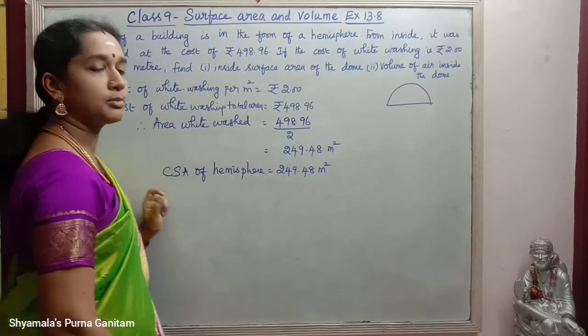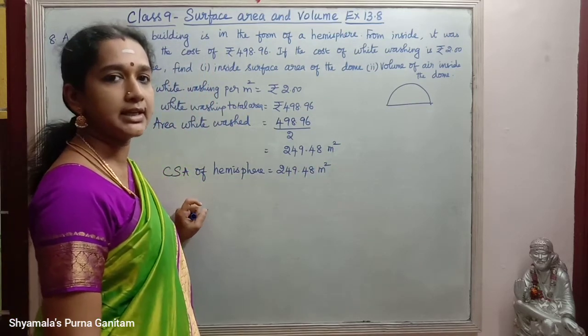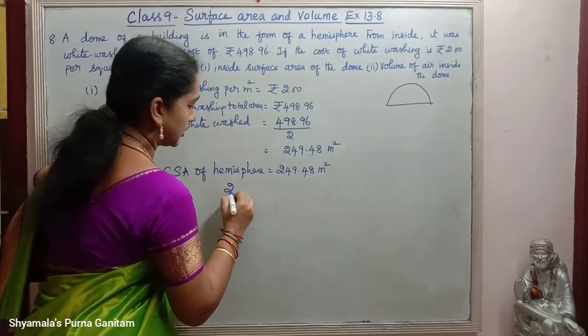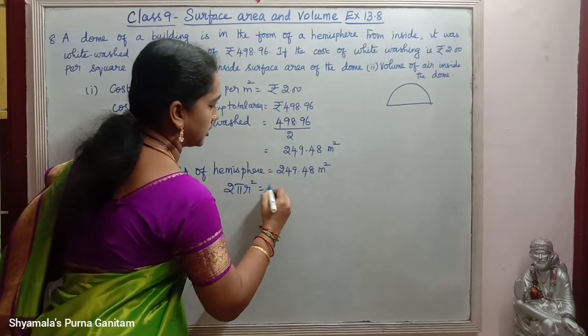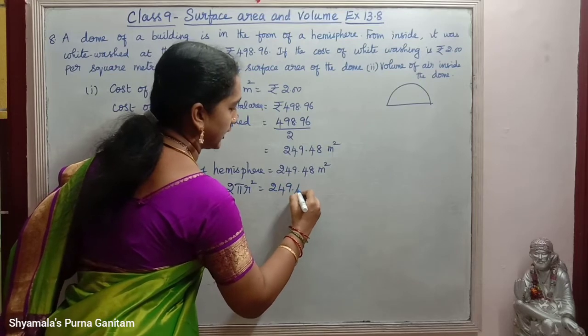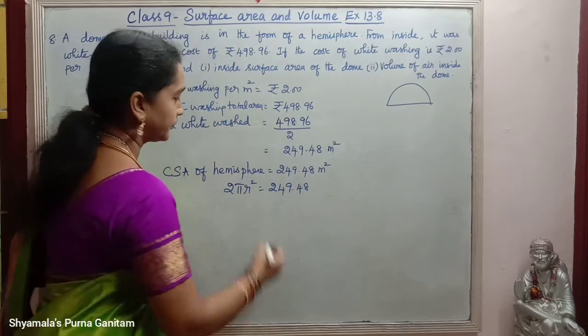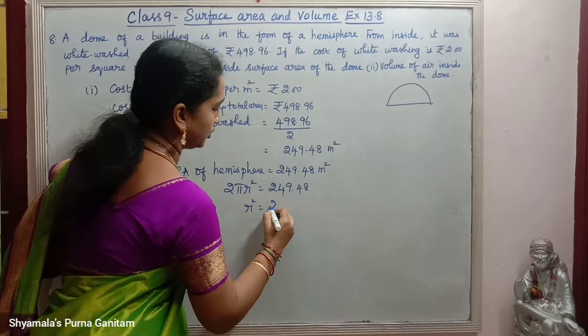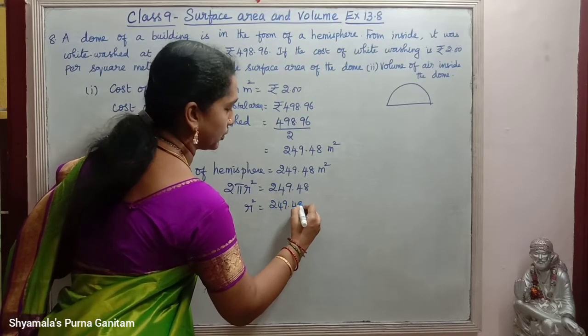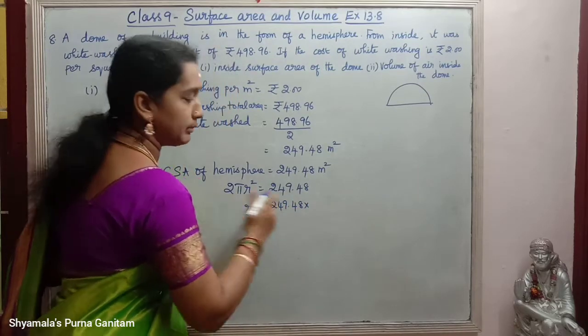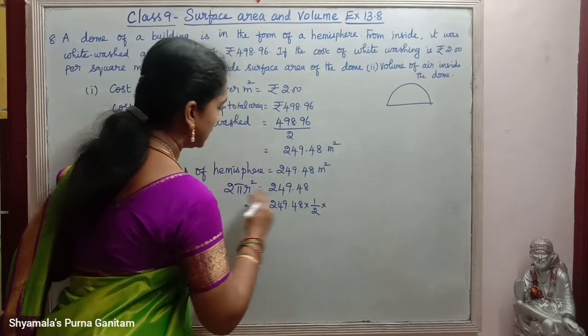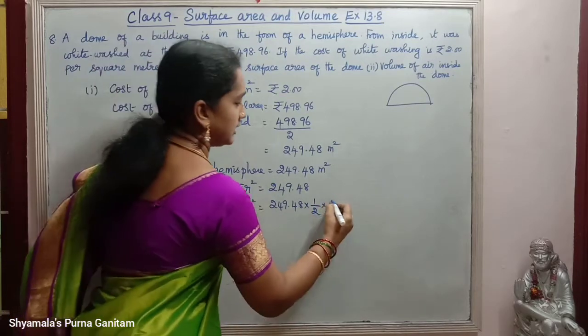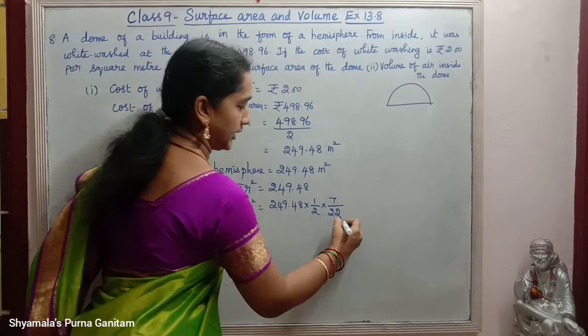We know the formula for the curved surface area is 2 pi r square. So 2 pi r squared is equal to 249.48. So r squared is equal to 249.48 into 1 by 2 into 7 by 22.